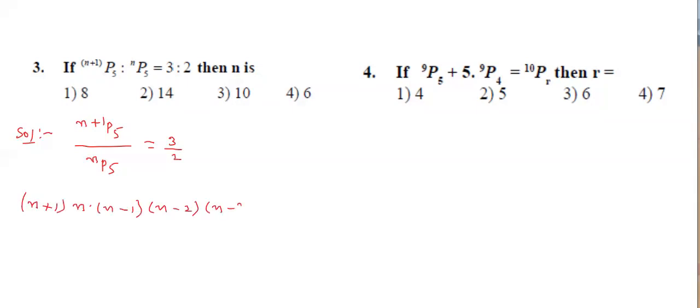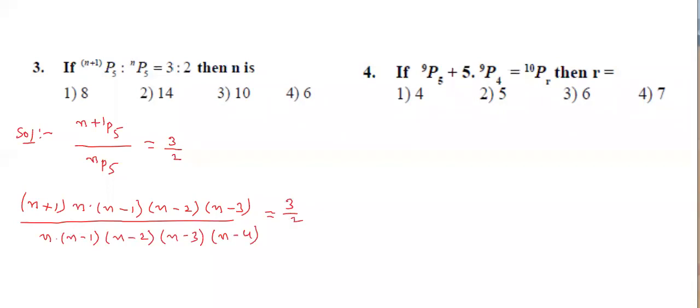So 5 times completed, divided by the denominator nP5. nP5 means n decreasing 5 times. n, n minus 1, n minus 2, n minus 3, and n minus 4.